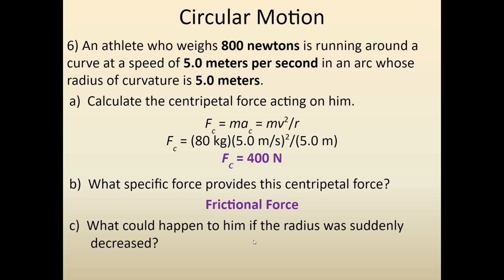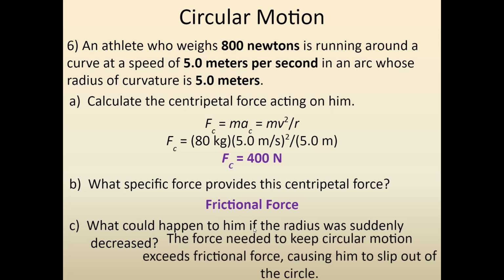And what would happen if the radius suddenly decreased? Well, the force needed to keep him in this circular motion would exceed the frictional force, causing him to slip out of the circle. Remember, the frictional force has a maximum force that can be provided before it gives out. And as we've talked about, the frictional force in this case is the static force.